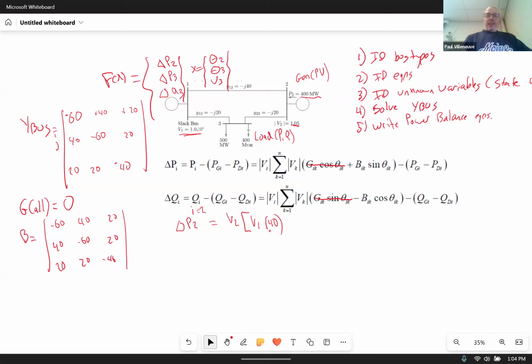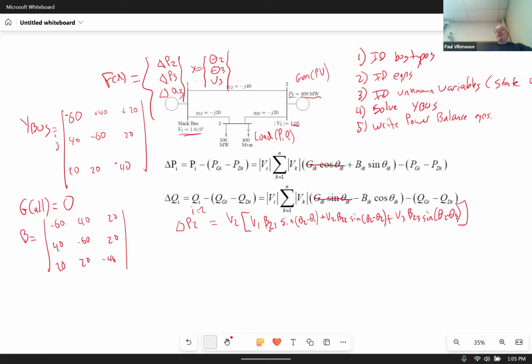B21, okay. B21 is here. And then that becomes sine of theta 2 minus theta 1. That's the first one. Now I increment to 2 plus V2, B22, sine of theta 2 minus theta 2, plus V3, B23, sine theta 2 minus theta 3.